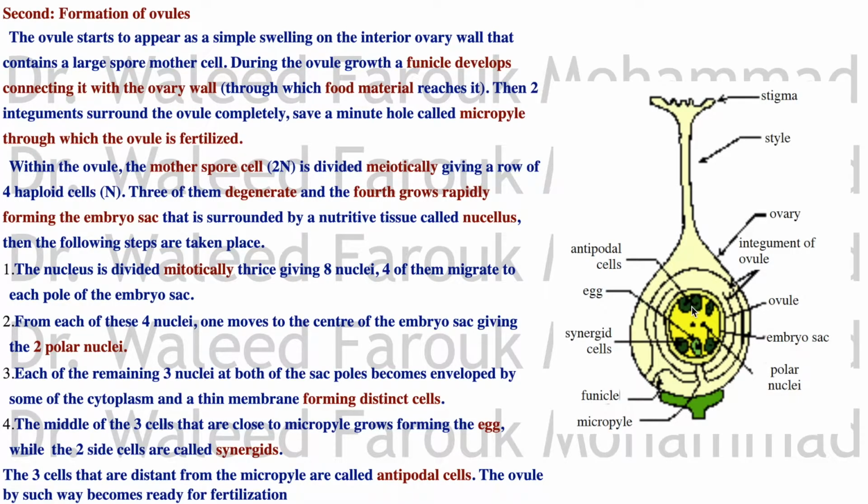And the remaining 3 on each side acquire cytoplasm and a thin membrane to form individual cells. And the 3 near the micropyle, the central one will become the egg. The surrounding ones are helper cells or synergid cells that will guide the direction of pollination. And once all these are formed, the ovule is ready for fertilization.